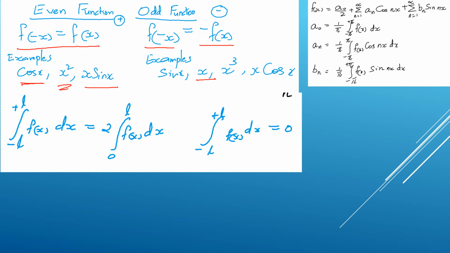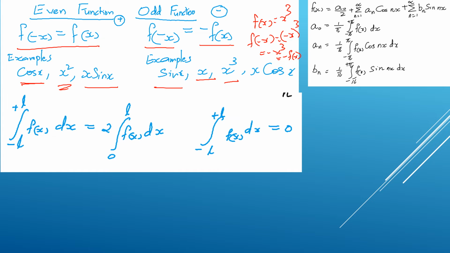For example, x: when you substitute minus x, you get minus x. x cube: when you substitute minus x, it becomes minus of x cube. That is, f of x is equal to x cube, f of minus x is equal to minus x whole cube, which is equal to minus of x cube, which is equal to minus of f of x. Sine x is also an odd function because sine of minus x is minus sine x.